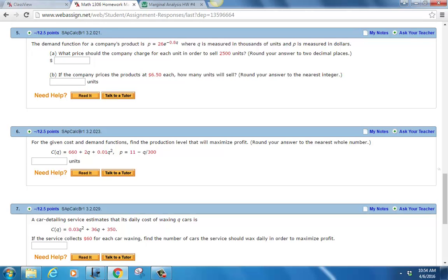Typically for most items, when price goes up, demand goes down, okay? And so here, for this particular item, is the actual formula that relates the price and the demand. So P here is price, of course, just like you would expect.